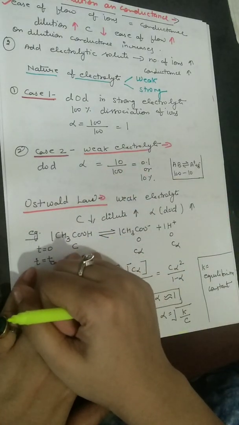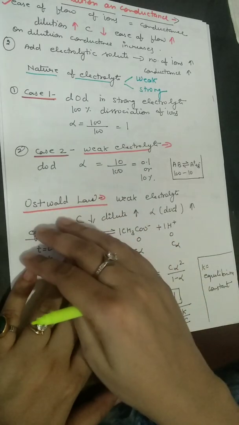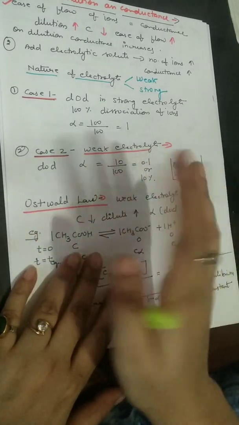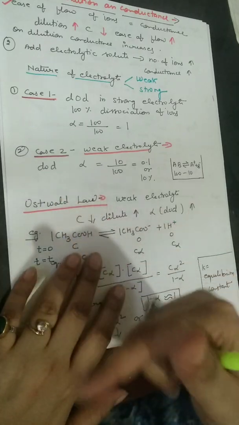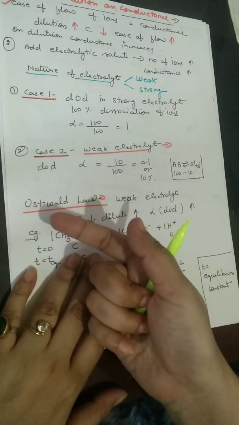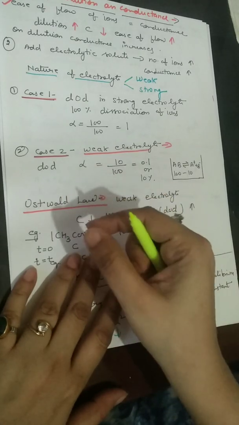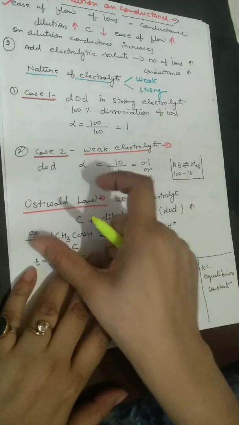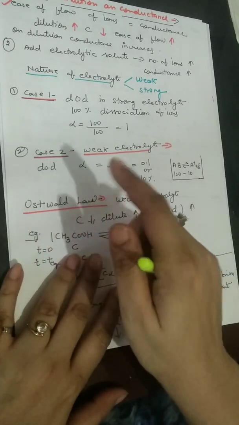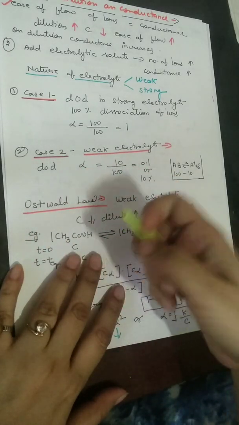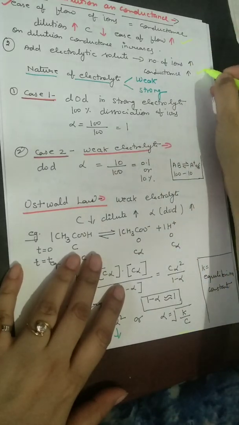If we add an electrolytic solute, it is going to dissociate into ions. So as ions increase in the solution, the conductance of the solution will also increase, because the conductance is only caused by the ions. So if ions are increasing, the conductance of the solution is also increasing. Okay, so that is done.